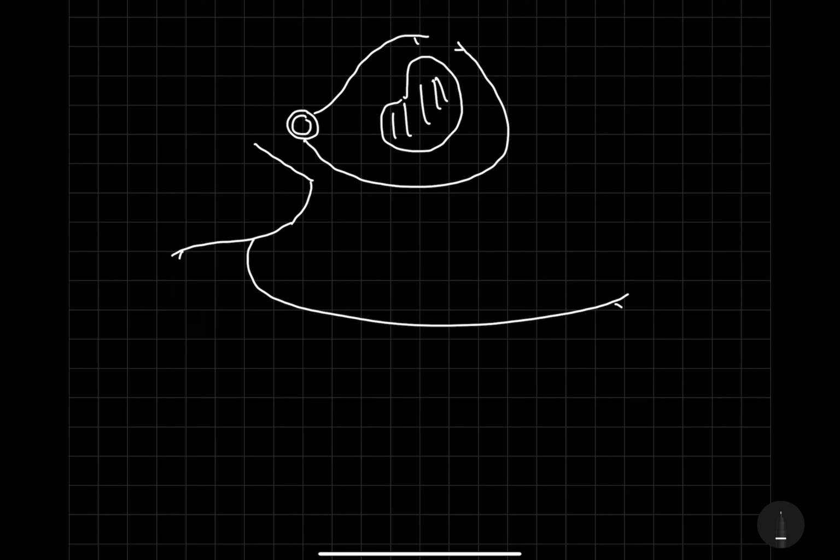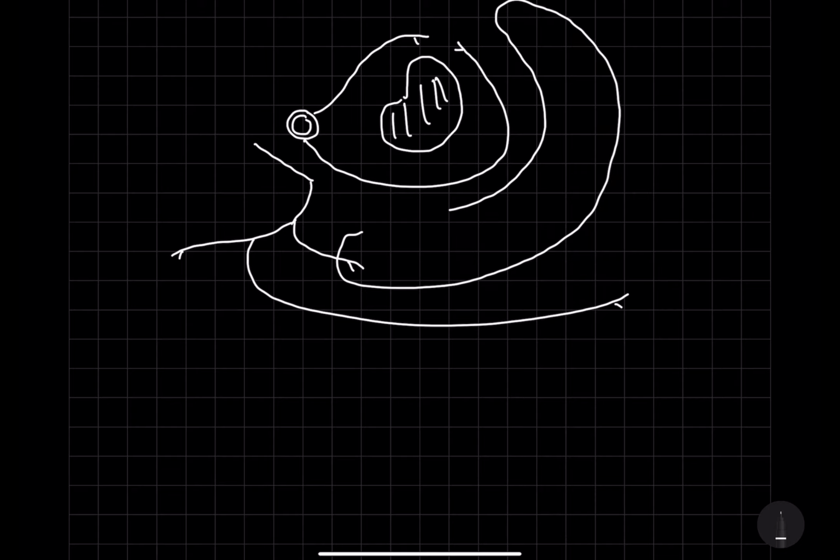This is your upper lateral cutaneous nerve of the arm, and the third branch is this one, which is going to supply the deltoid. Let's just draw the deltoid first. So this is your deltoid muscle.